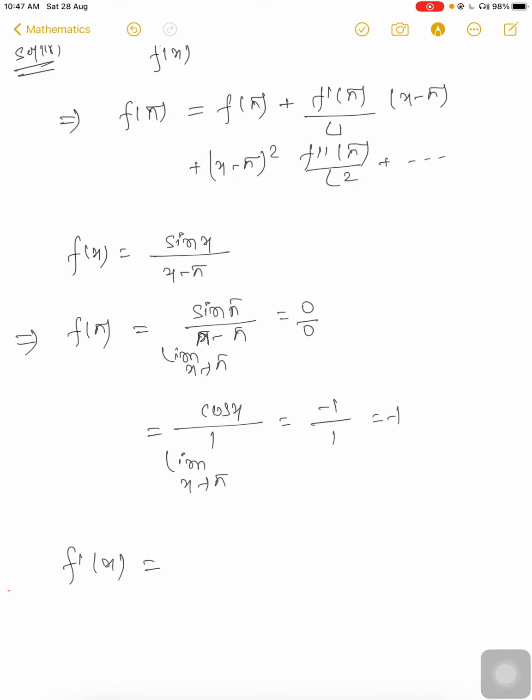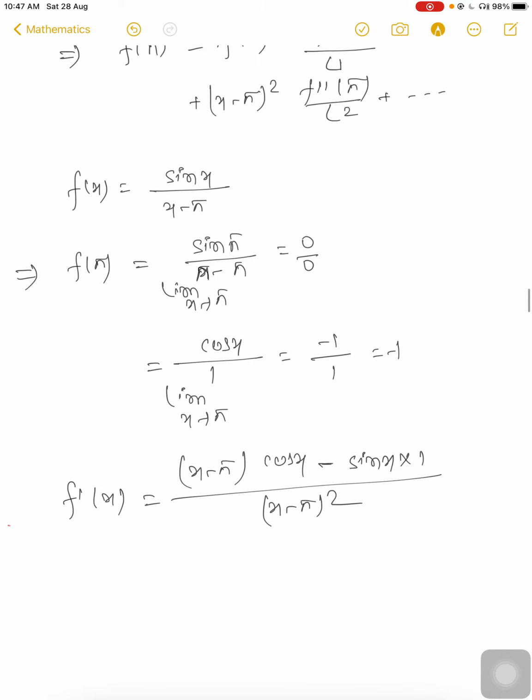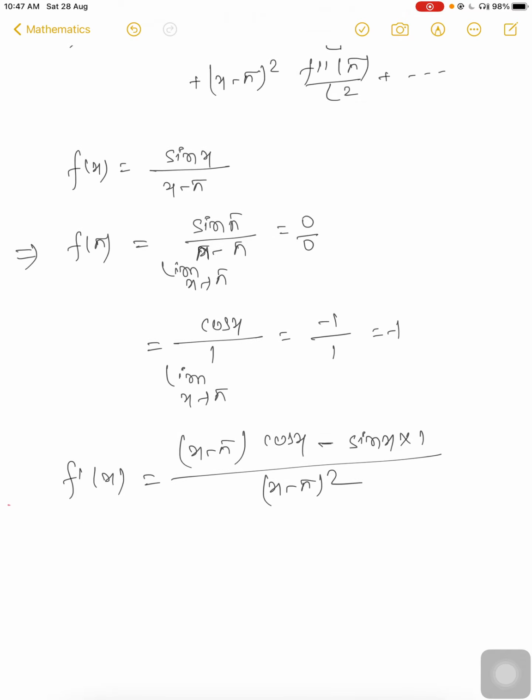f dash x, differentiated using u by v: x minus pi into cos x minus sin x into 1, upon x minus pi whole square.